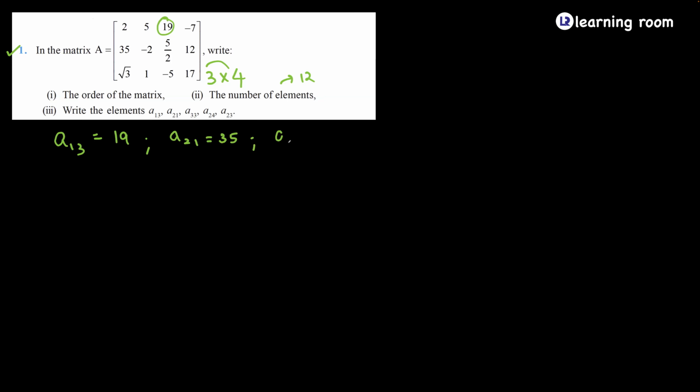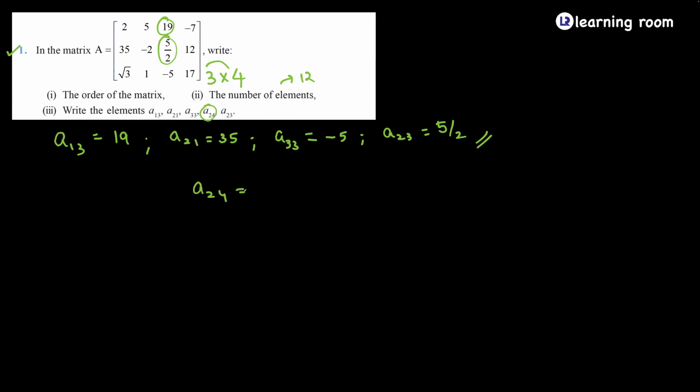What is going to be A33? A33 is third row, third column, which is going to be minus 5. What is going to be A23? Second row, third column, which is going to be 5 by 2. Yeah, so there is A24 also, no?